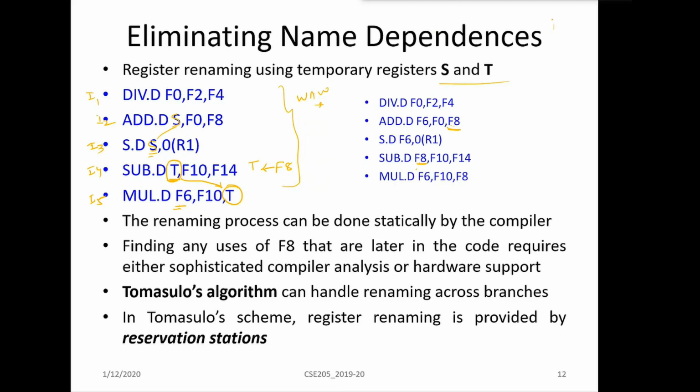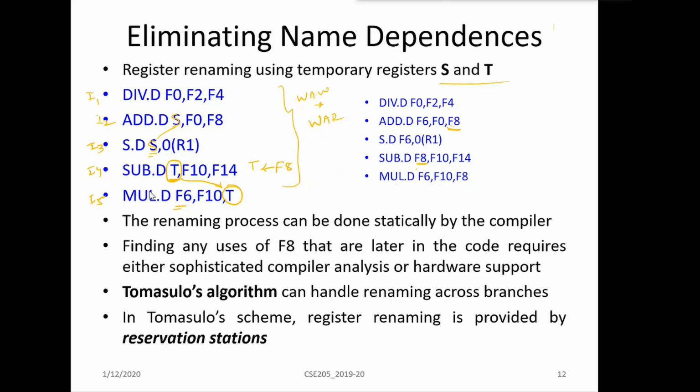So is there any WAR and WAW hazard in this code? Is anything still existing?